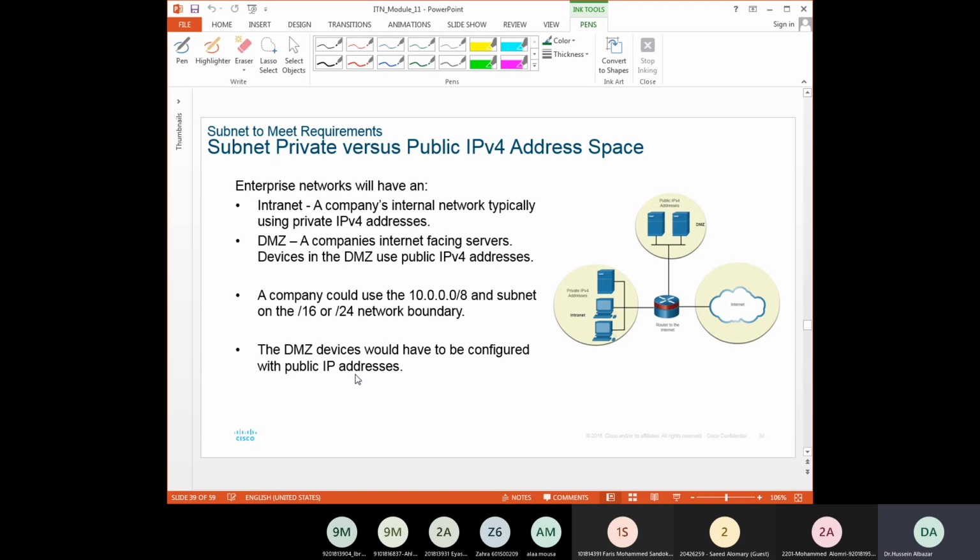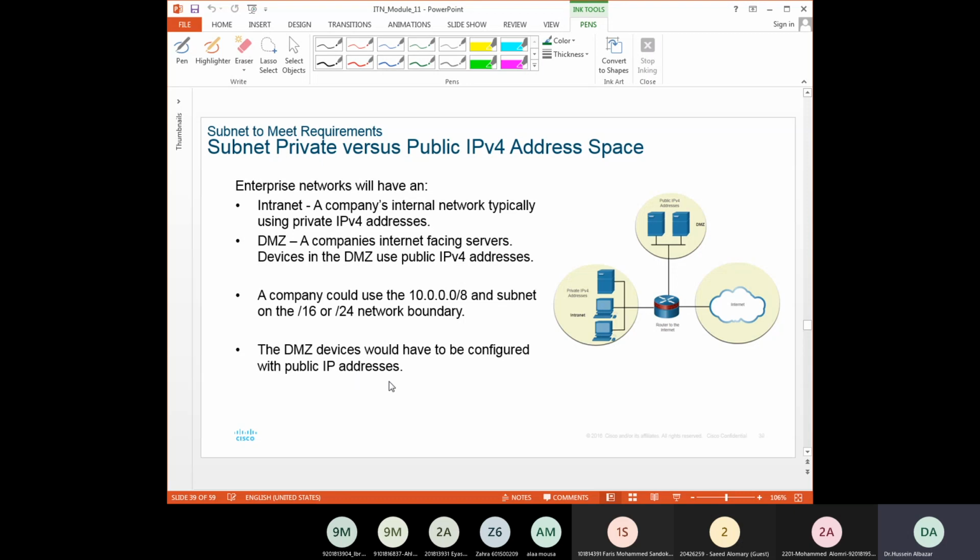So the company must maximize its limited IPv4 addresses, which requires the network administrator to subnet their public address space into subnets with different subnet masks. What does that mean? The subnets should not all have the same subnet mask.